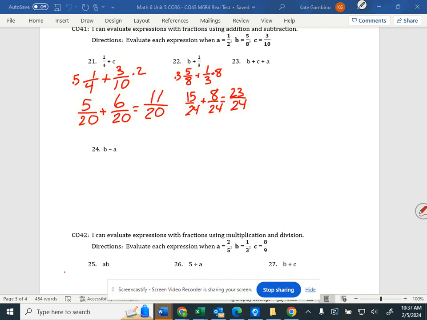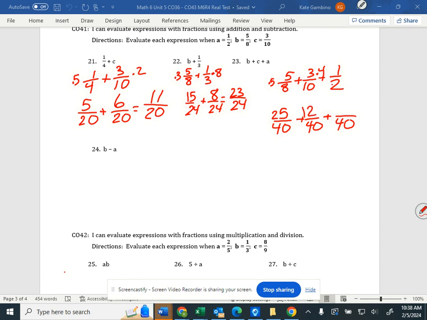Next one. I have 5/8 plus 3/10 plus 1/2. I use a common denominator of 40. Some people use the common denominator of 80. That works too. To go from 8 to 40, I multiply by 5. 5 times 5 is 25. To go from 10 to 40, I multiply by 4. 3 times 4 is 12.